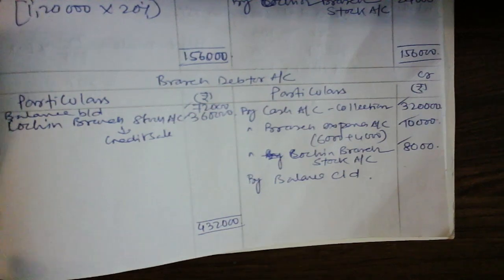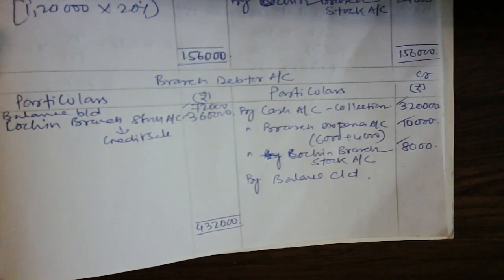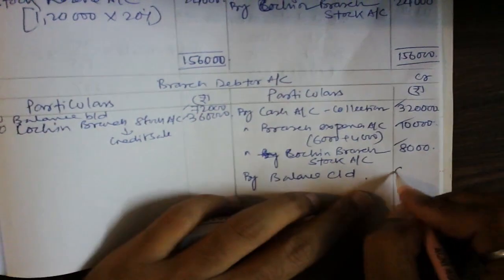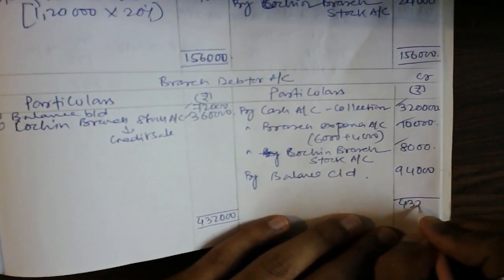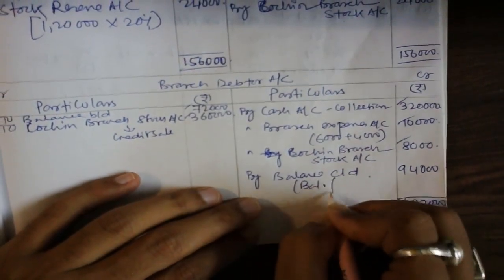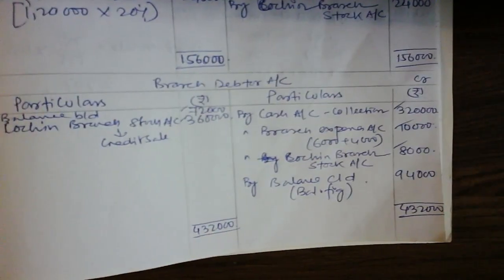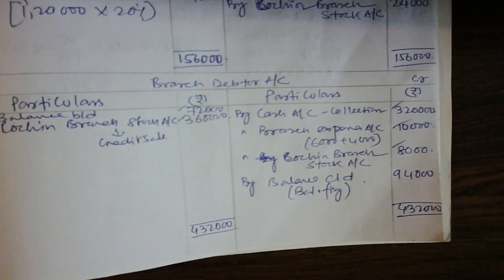Let's calculate once more, guys. 432 minus 320 minus 10 minus 8. 94,000. Sorry, 94,000. So we have a balance of 94,000 as the closing balance. Perfect. Very good, Revati. Copy it. 94,000 is the balance. Perfect. Very, very good.